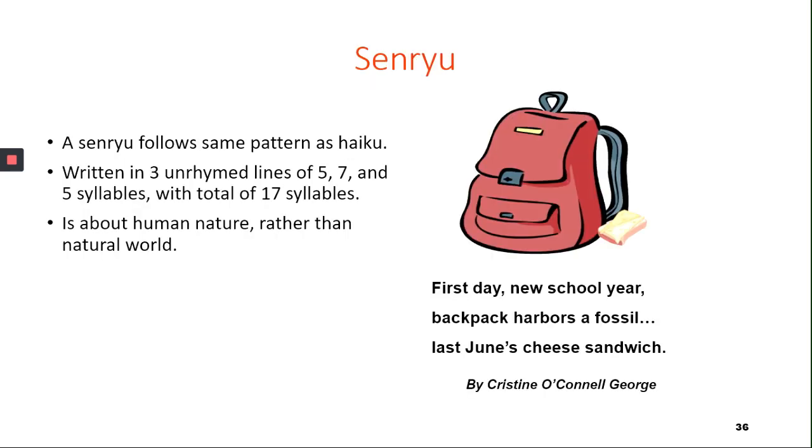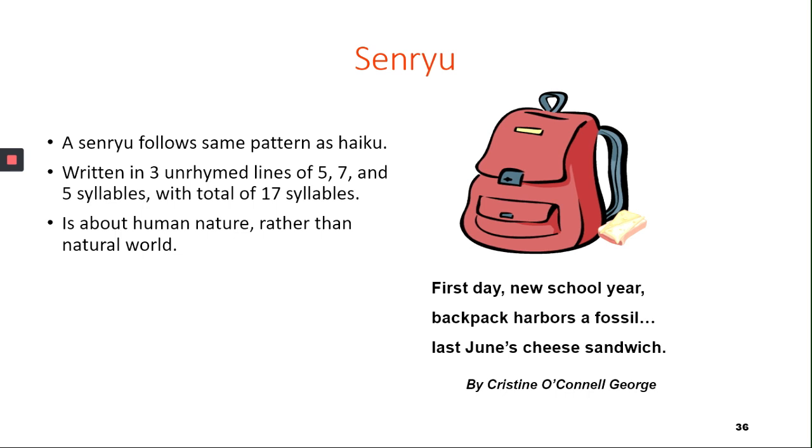Yan ang haiku. Another Japanese poem is Senryu, wherein it also has 17 syllables in total. The difference of Senryu to haiku is that Senryu talks about human nature, mga gawang tao, in the natural world. So we have here the poem Bag.